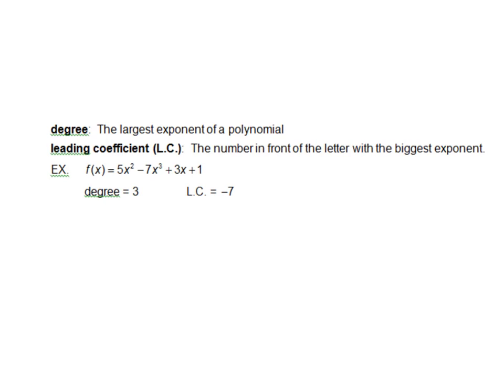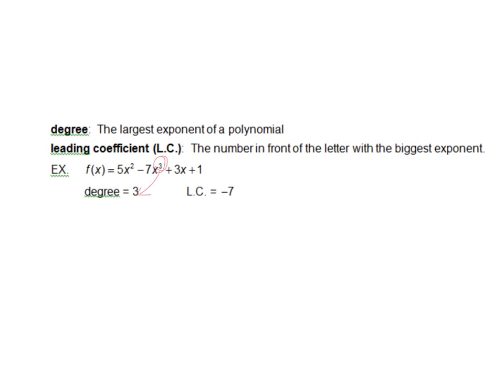Leading coefficient, which we'll just call LC from now on to save room, is the number in front of the letter with the biggest exponent. So for example, if we're looking at f of x equals 5x squared minus 7x cubed plus 3x plus 1, the degree, the largest exponent, is 3.